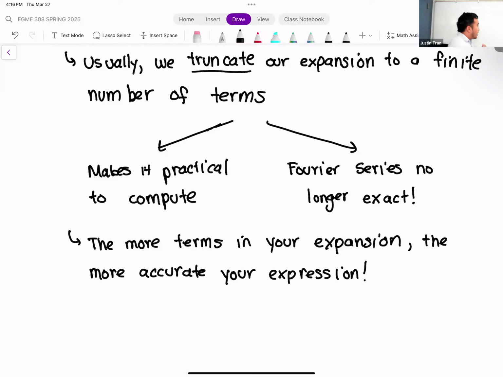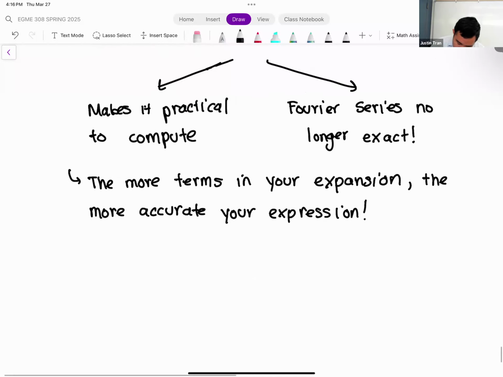But it's not a constant benefit curve where every coefficient gives you the same amount of benefit. For most functions, most of the accuracy comes from just the first few coefficients.